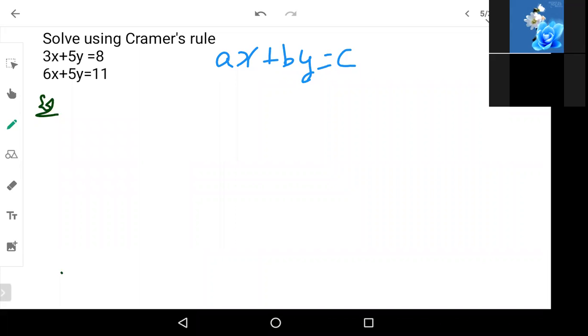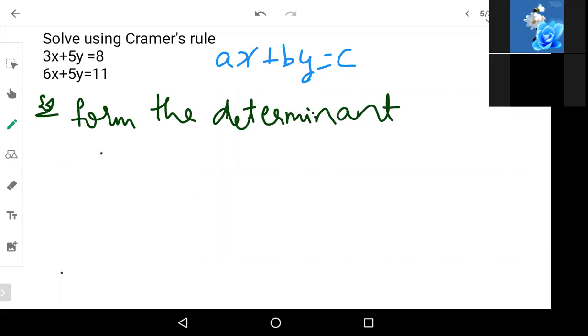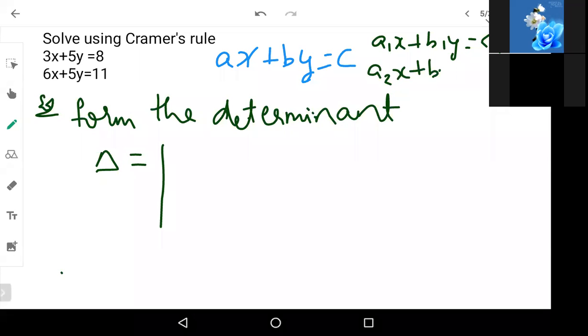Now in the next step, we have to first form the determinant. Delta is equal to, now in these two equations, a1x plus b1y is equal to c1, a2x plus b2y is equal to c2. Now what is the value of a1? Can you tell me the value of a1? 3.